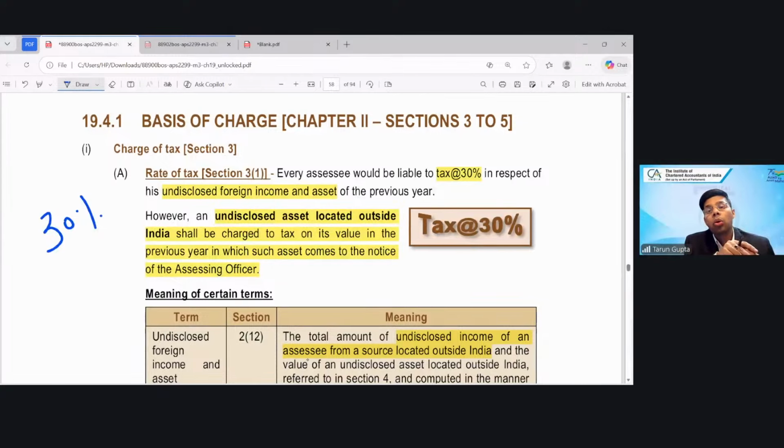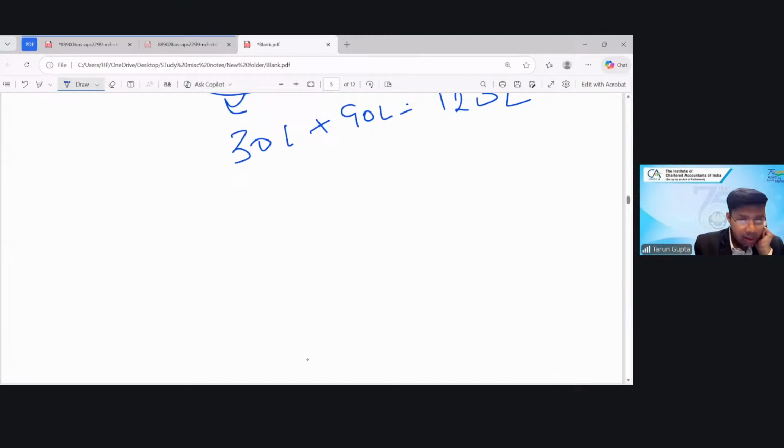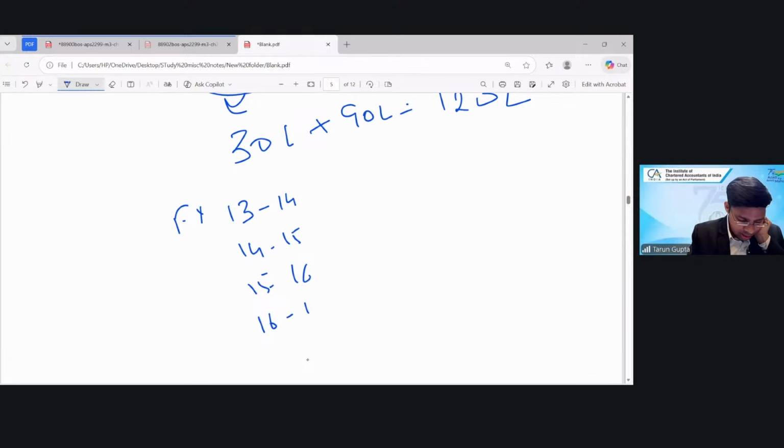But the undisclosed foreign assets shall be taxed in the year in which it comes to the notice of the tax officer. So, assuming there is undisclosed income in financial years 13-14, 14-15, 15-16, 16-17, and so on, all this income will be taxed in the respective year.